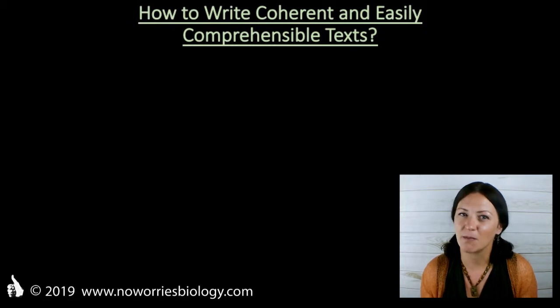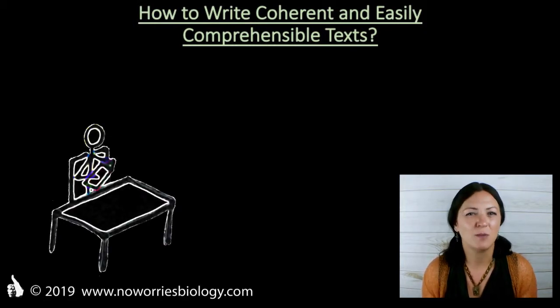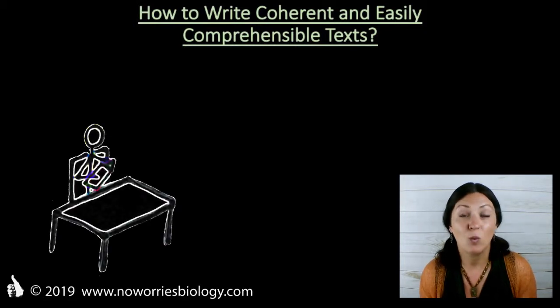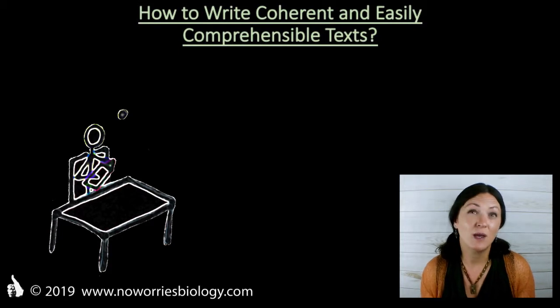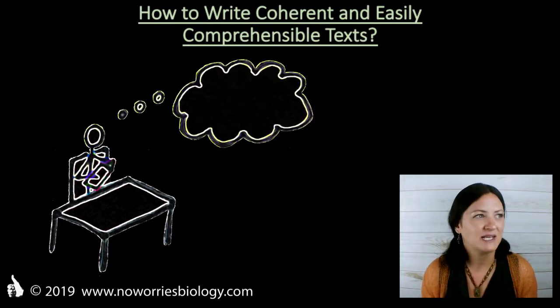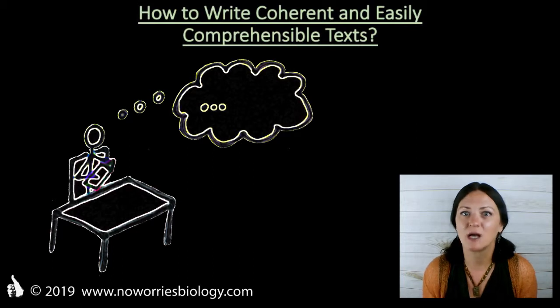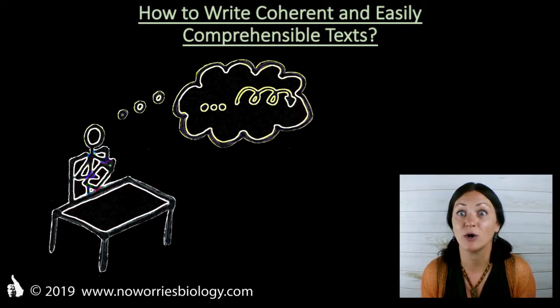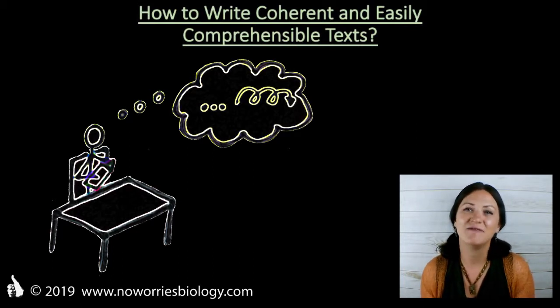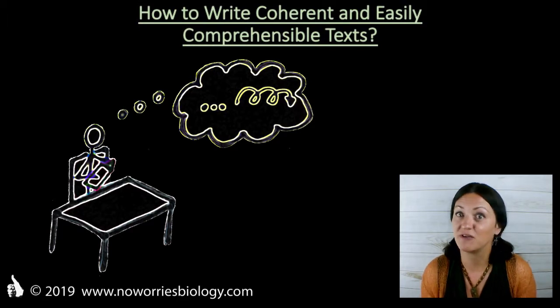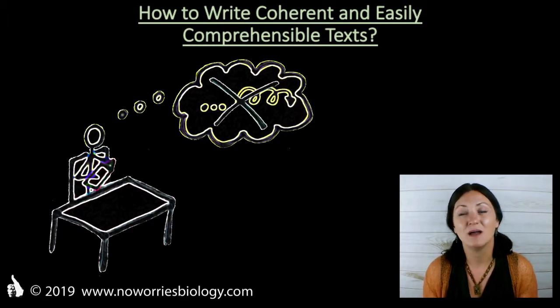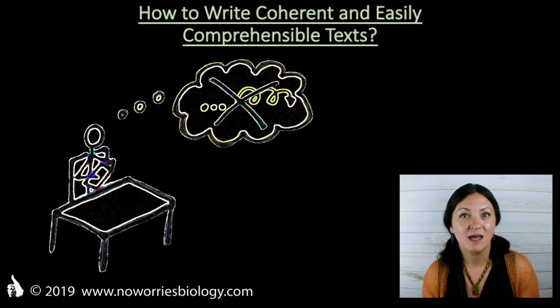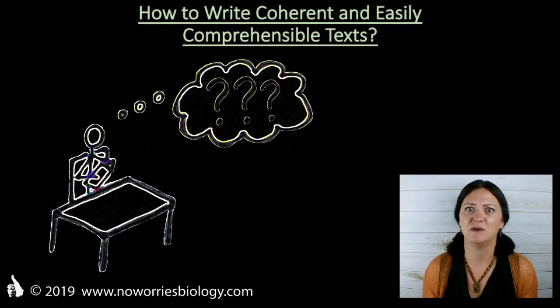When we read something, we are not completely unbiased. While we read something, we automatically form expectations about what's coming next or how the text is going to continue. And if these expectations are not fulfilled, then we are, metaphorically speaking, stopped in our tracks. We are perplexed, confused.